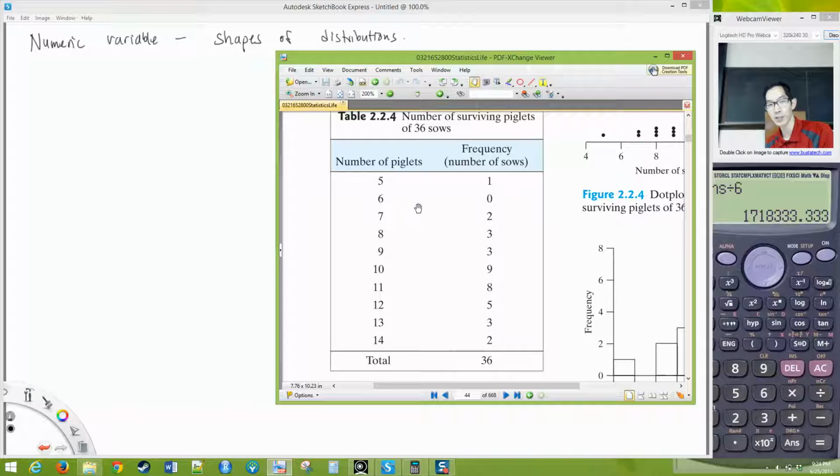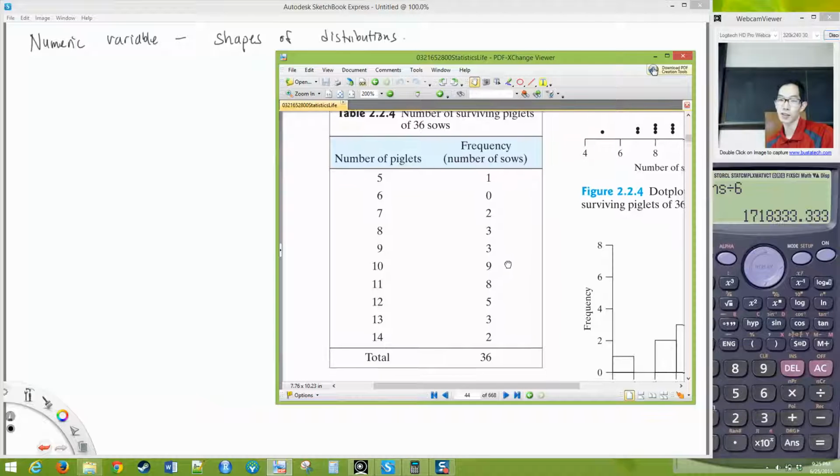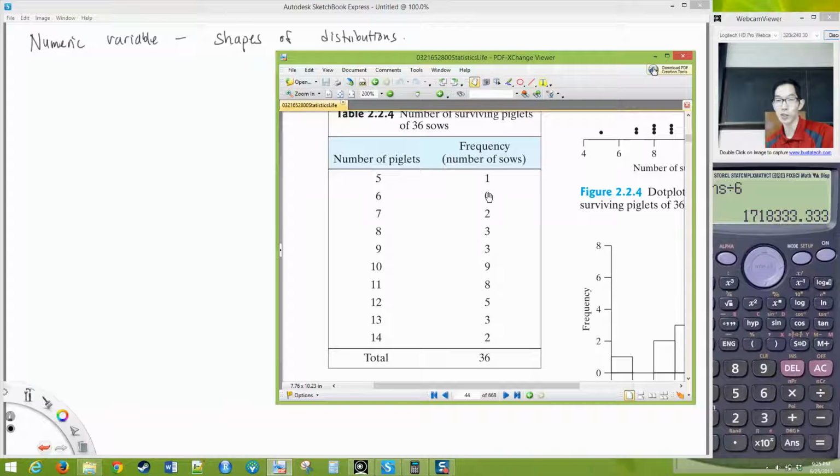So one sow only had 5 piglets survive, and there were 2 sows where 14 piglets survived. And this 0, what is that? Yeah, so this means that out of the 36 sows that gave birth to piglets, none of the sows had only 6 piglets surviving. Okay, so we had one sow where only 5 piglets survived.